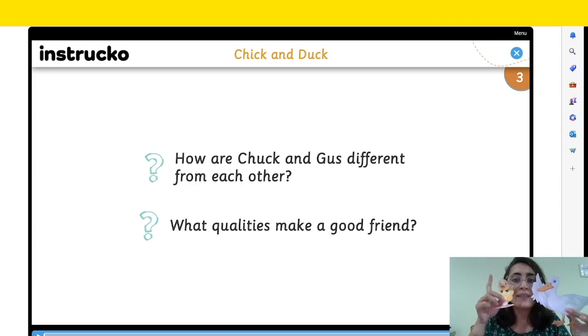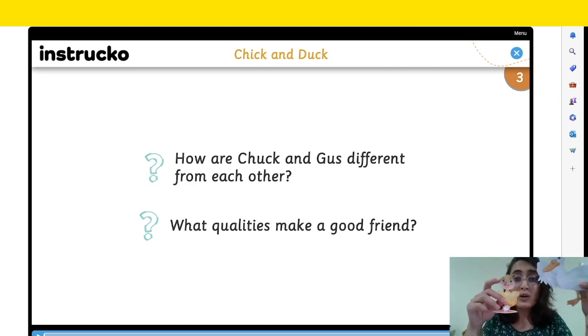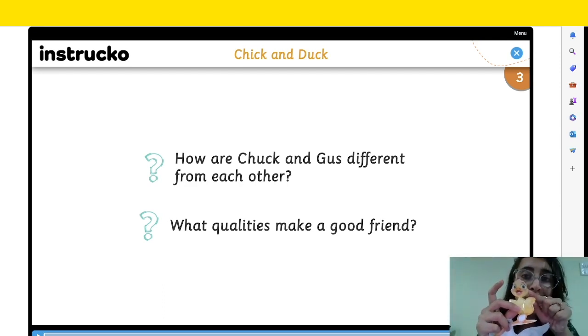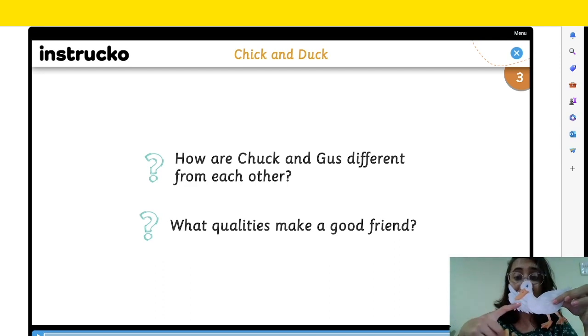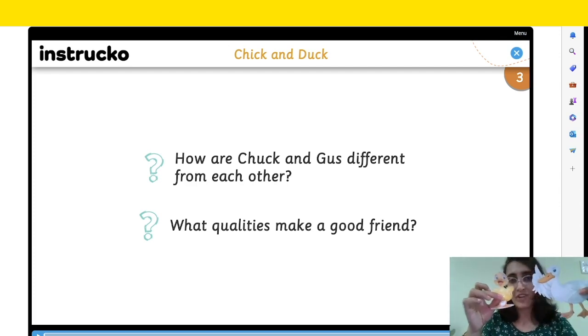The first and the major difference is that Chuck is yellow and Gus is white. Also, I would like to draw your attention to their mouth. See, Chuck has a small little mouth, but Gus has a big beak. So even though they look so different, they are still best friends.